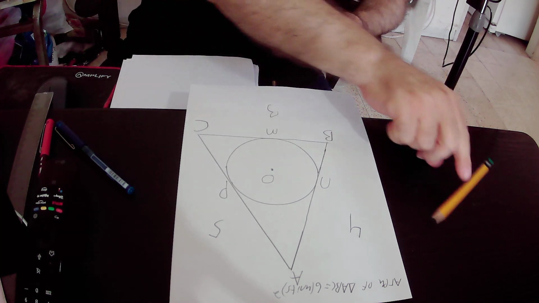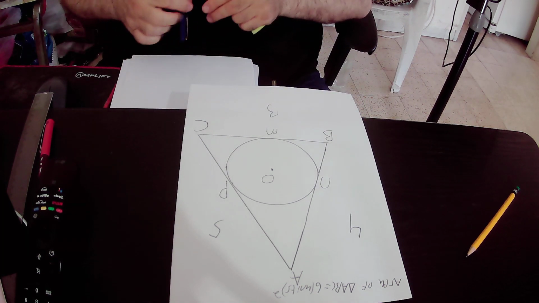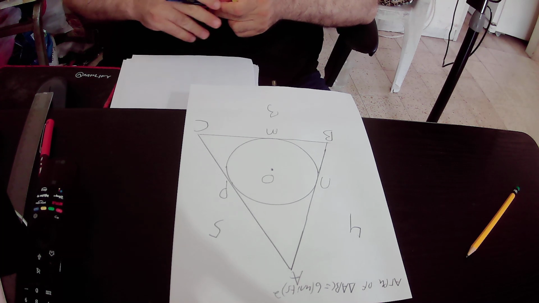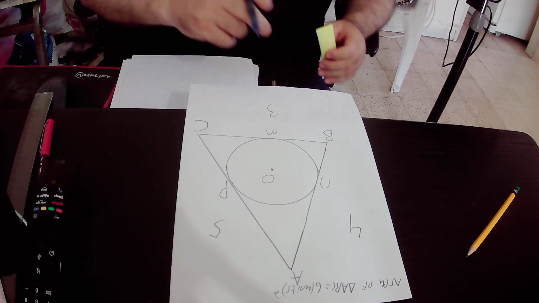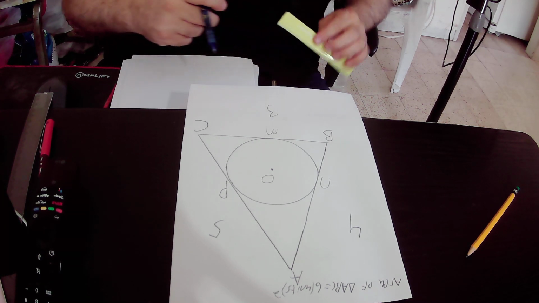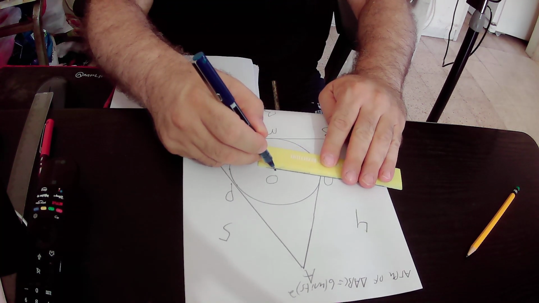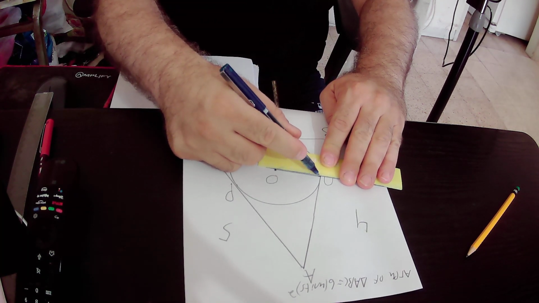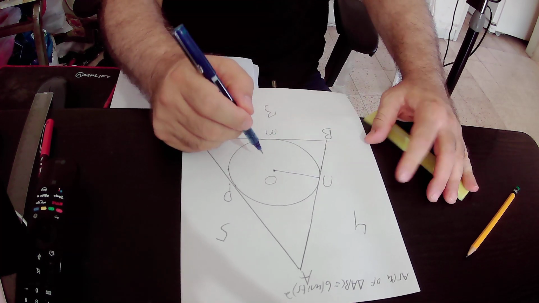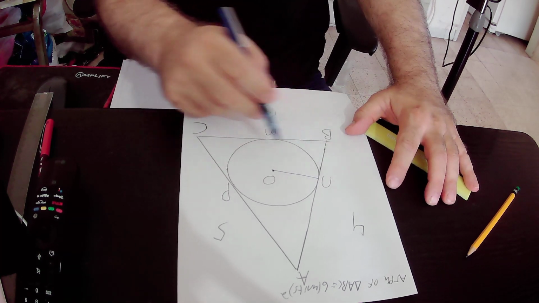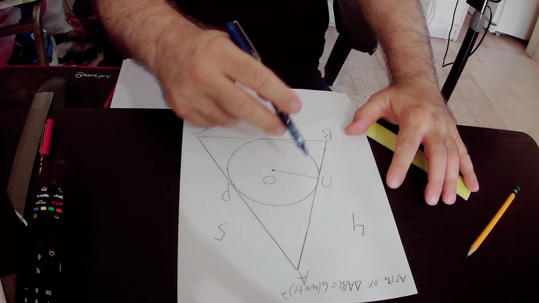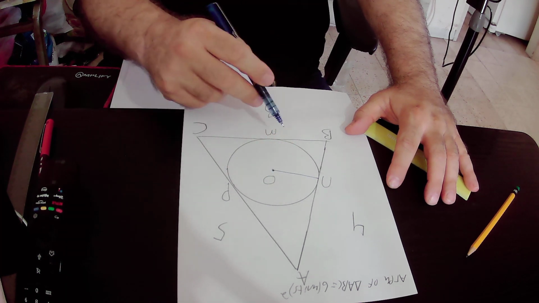In the next step, we'll connect together points O and N by a straight line. Actually, line segment NO is the radius of this circle.